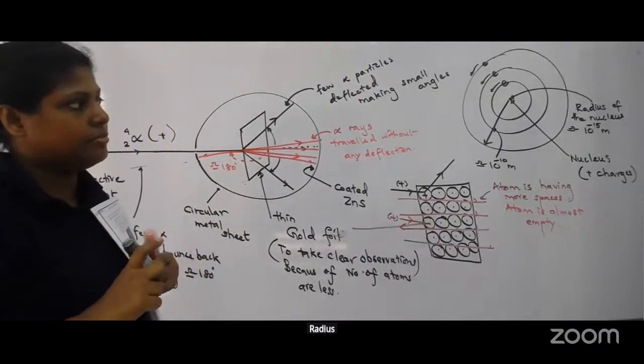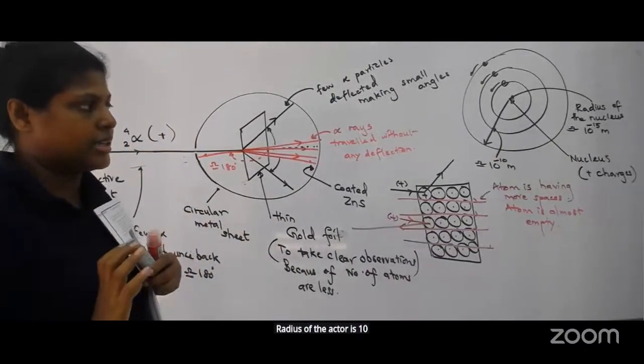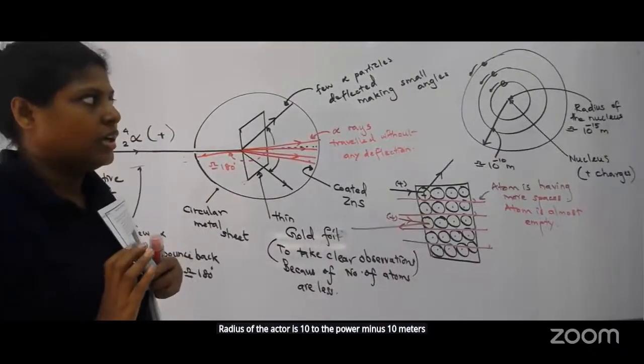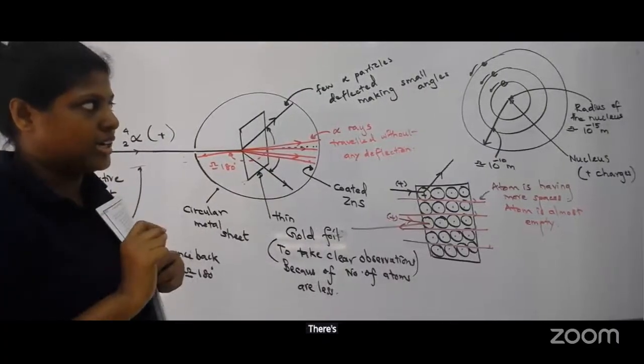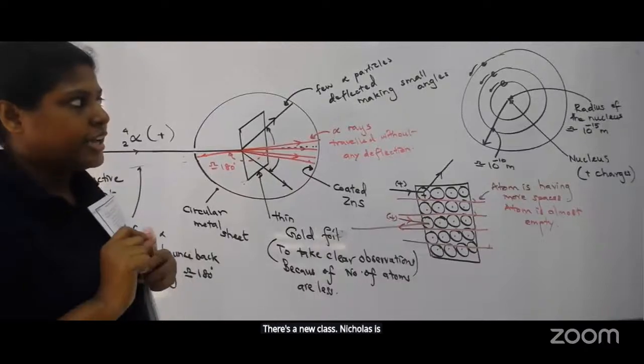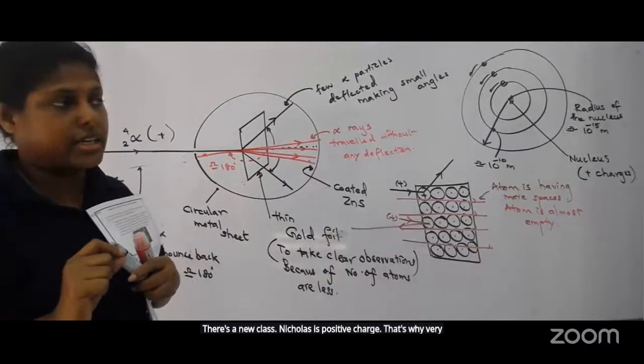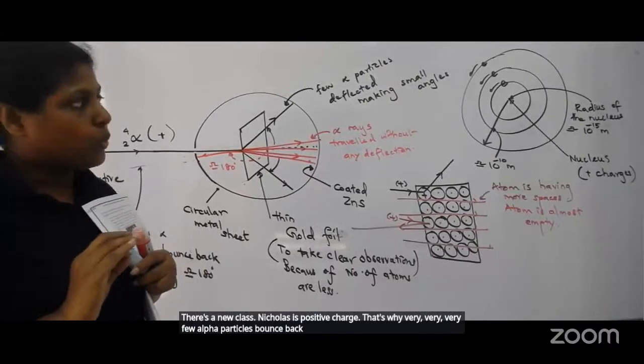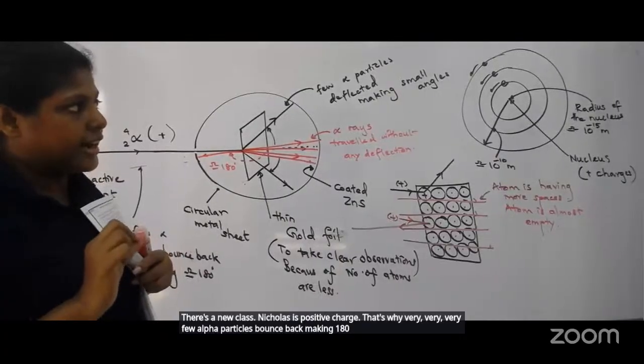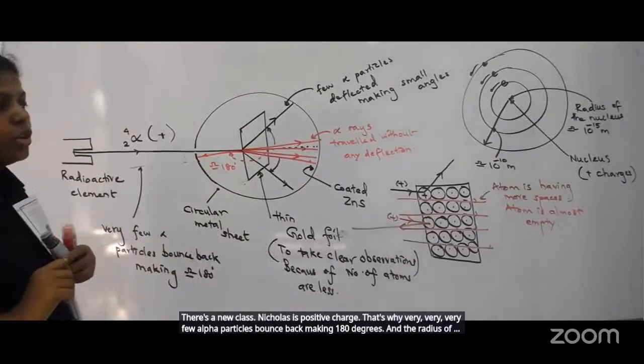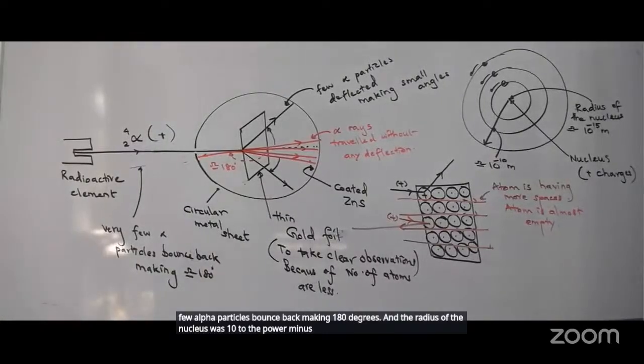There is a nucleus, and the nucleus is positively charged. That's why very few alpha particles bounce back, making 180 degrees. And the radius of the nucleus was 10 to the power minus 15 according to Rutherford's calculation.